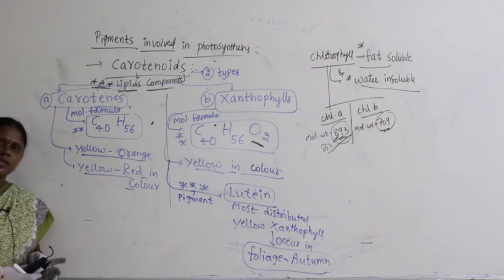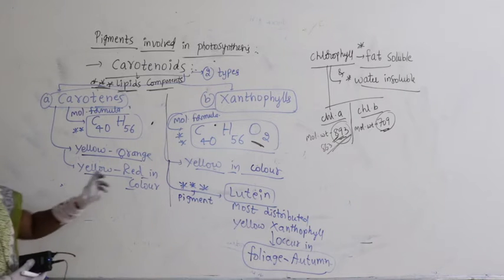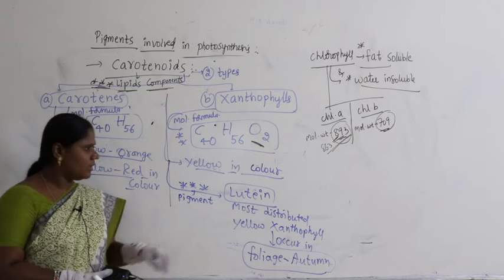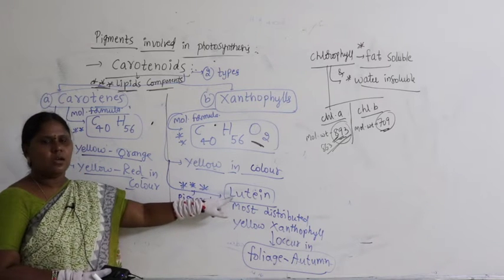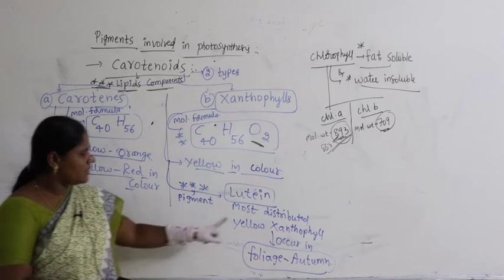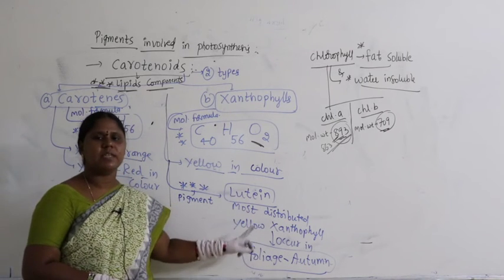What is the meaning of this? Most commonly found xanthophyll pigment is called lutein. Very important: lutein is referred to as the most distributed yellow xanthophyll.